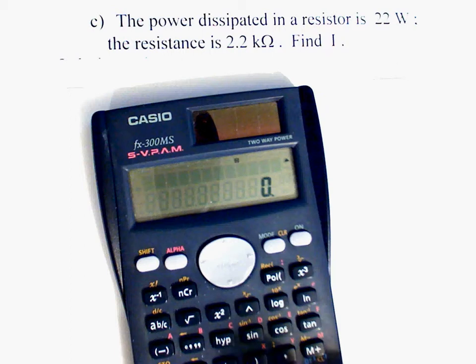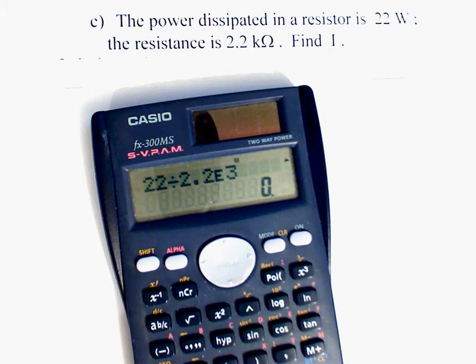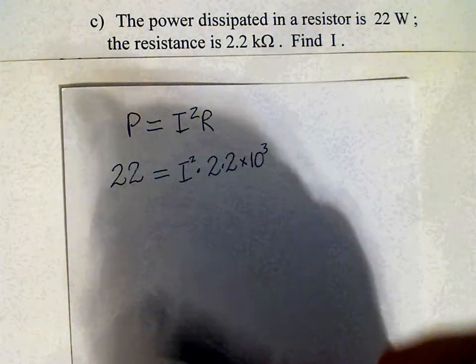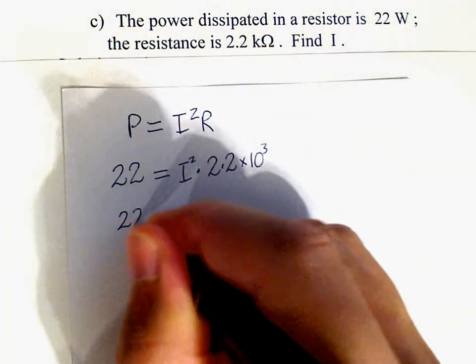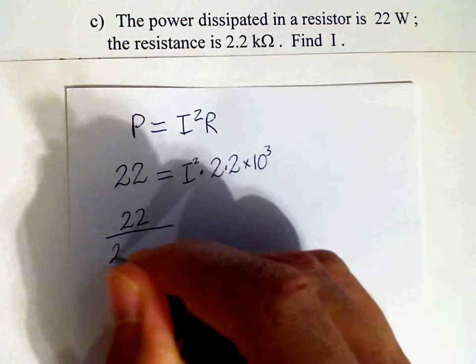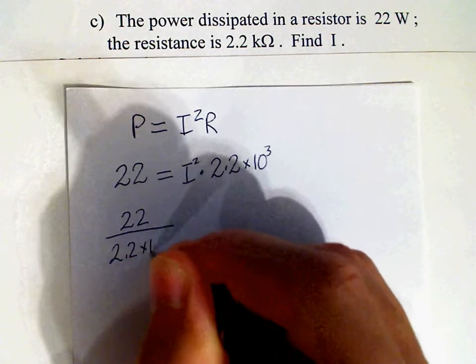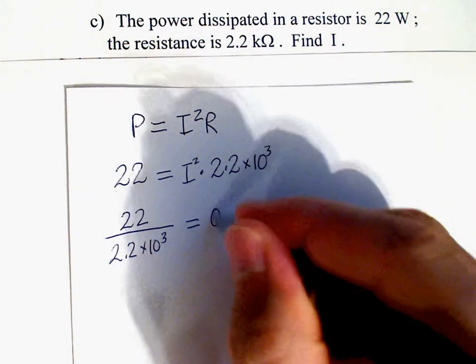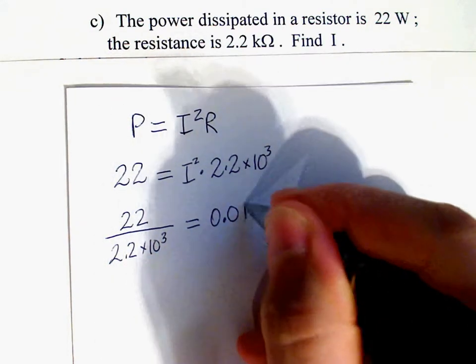So I have 22 divided by 2.2 times 10 to the third, and that gives me 0.01. And that is I squared.